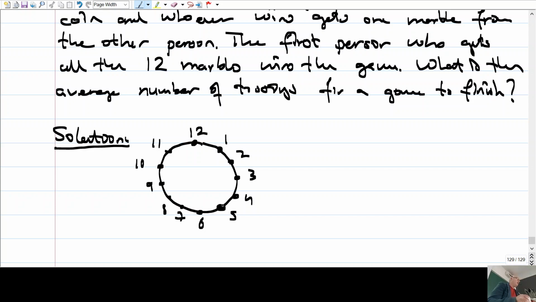Suppose we have a bug or a particle at this point, and each second it moves either in this direction or in this direction 1 unit with equal probability. 50% upward or 50% downward, or clockwise and anti-clockwise, counterclockwise. And whenever the particle reaches 12, the game is over.